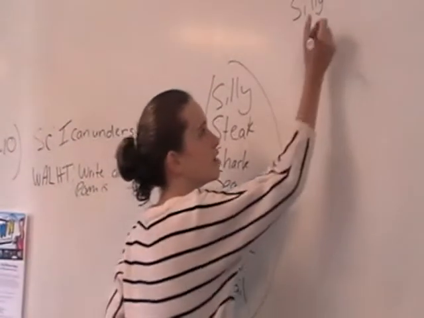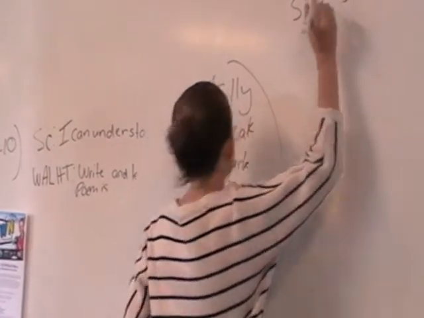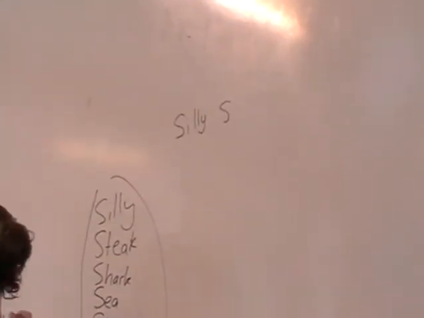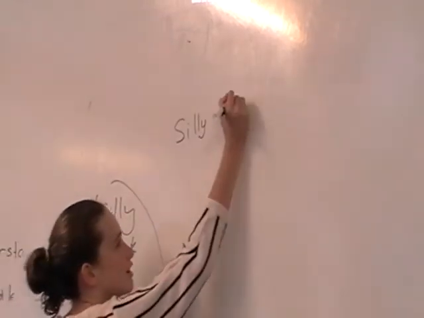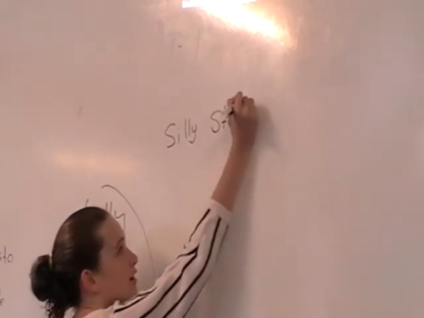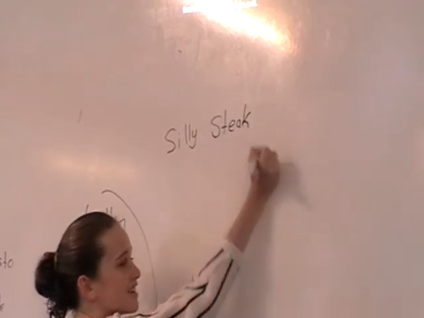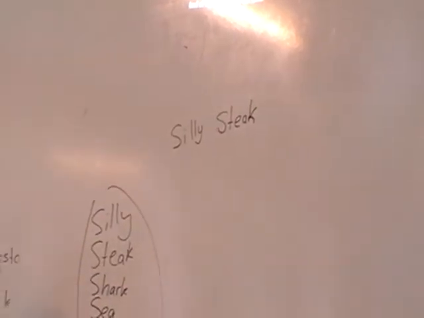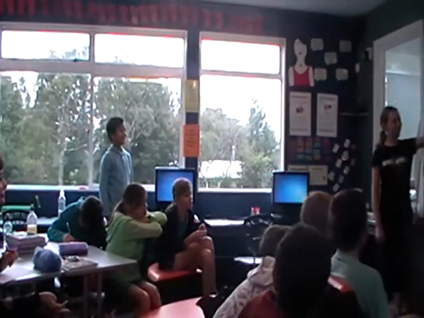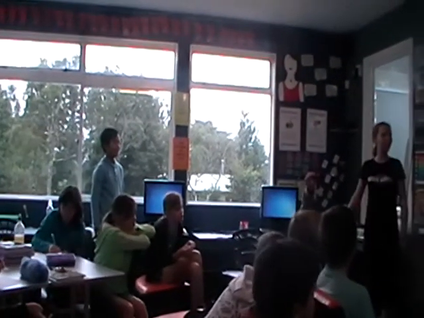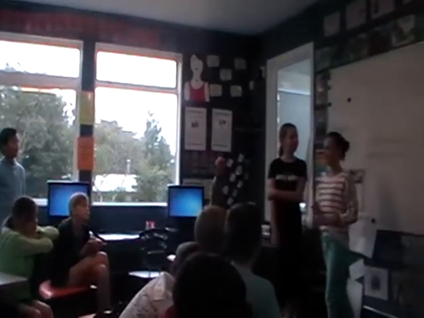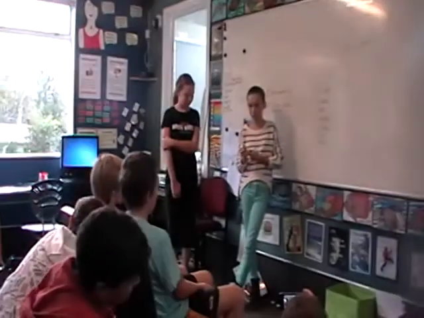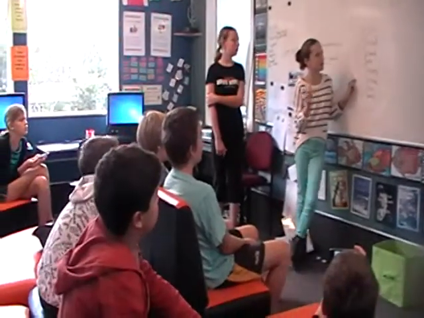Not all of the words have to start with S. Just take in any ideas you've got. Okay, Harlan? Silly steak slap. We're doing what words are in the list that would go with the sentence. Ben, you can go change slippery into slip. Okay, silly steak slip.